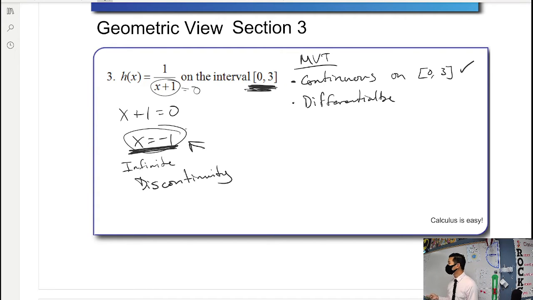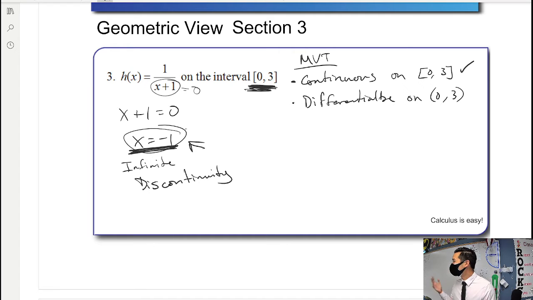The next thing you need to check is if it's differentiable from 0 to 3. But it's on the open interval, so we don't check the endpoints themselves, but we check everything between. Now, an easy way to check differentiability, right? First things first, make sure it's continuous, right? And it is. We just said that it is from 0 to 3. The second thing you need to check is, are there any corners or cusps?